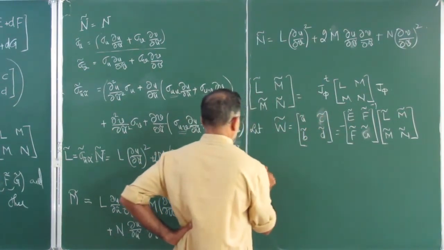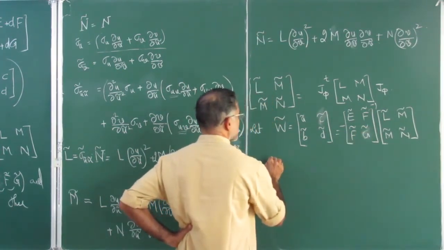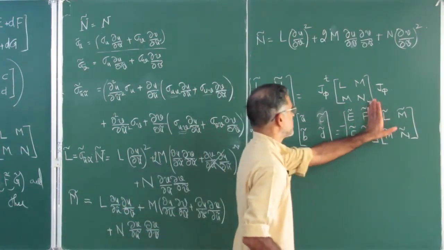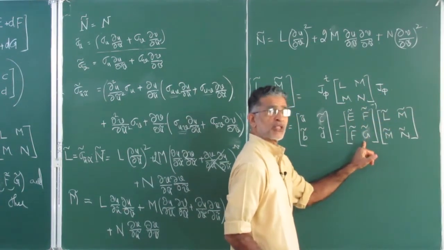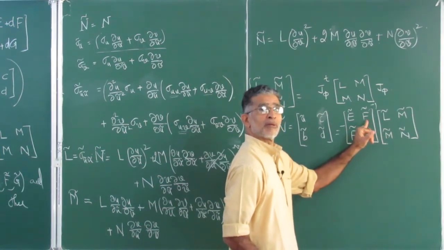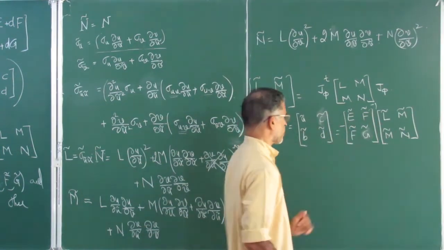And that is equal to this, we have already seen that this matrix is Jacobian of phi transpose EF FG into Jacobian of phi.